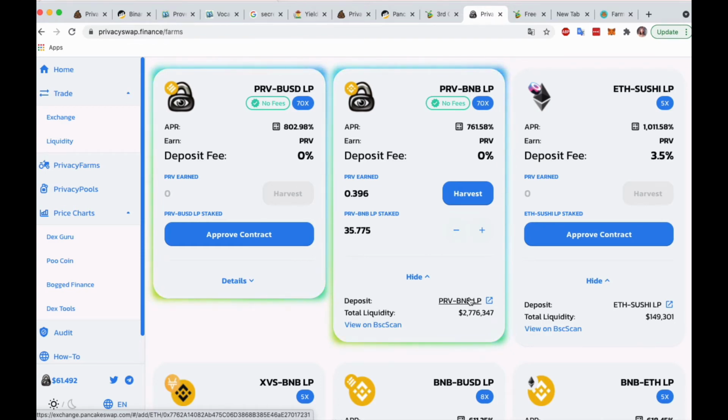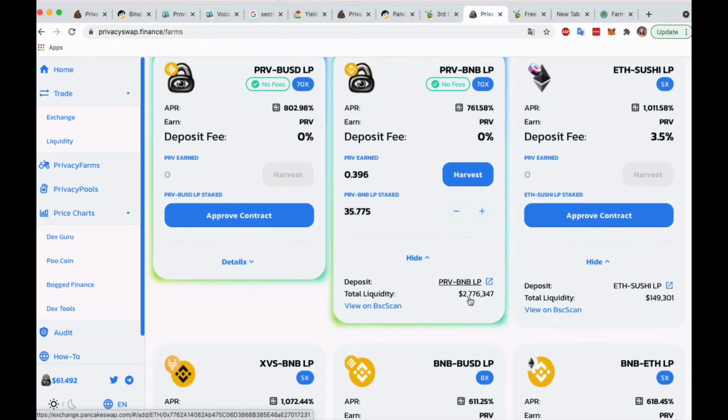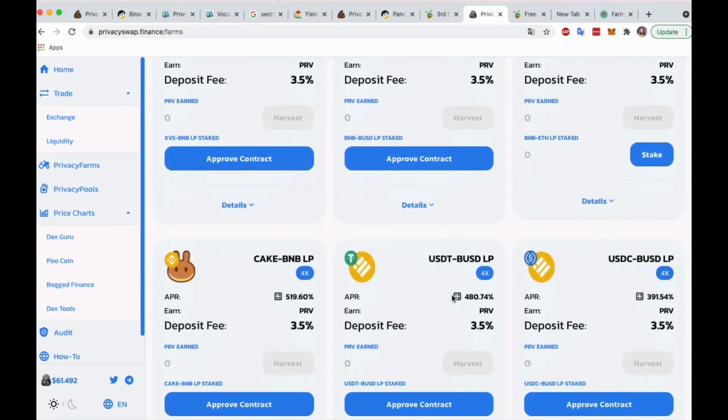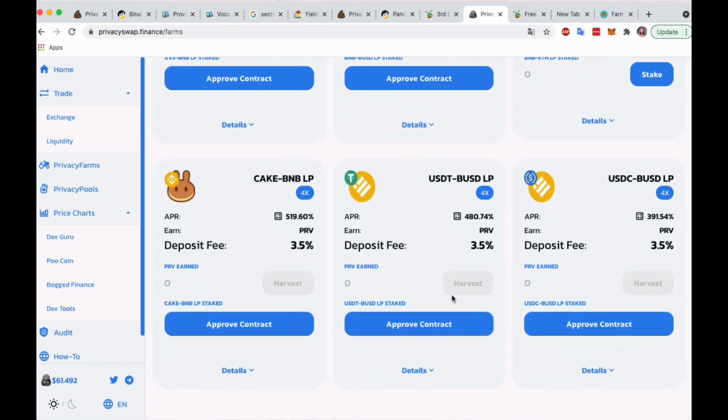Well, if that is your concern, some of the people that I've connected with, who are also investing in this particular project, the privacy swap project, allocate their funds like 20% into the native, and 80% into non-native, such as the USD ones.